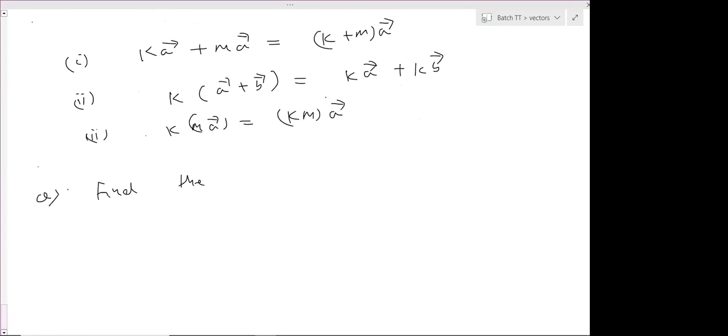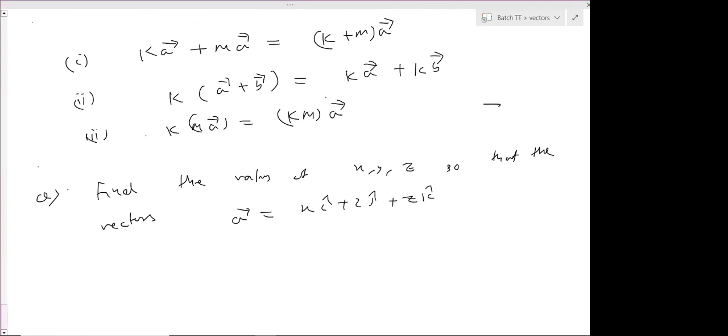Find the values of x, y, and z so that the vectors a vector is xi cap plus 2j cap plus z k cap.